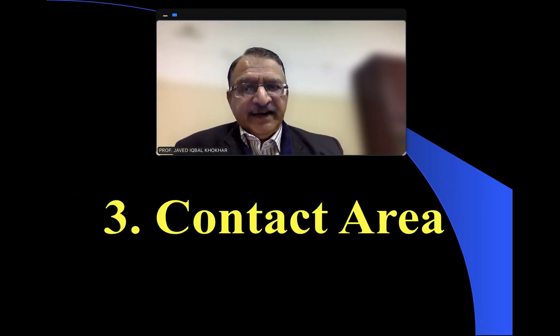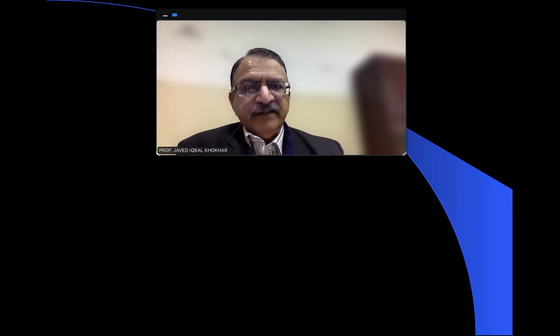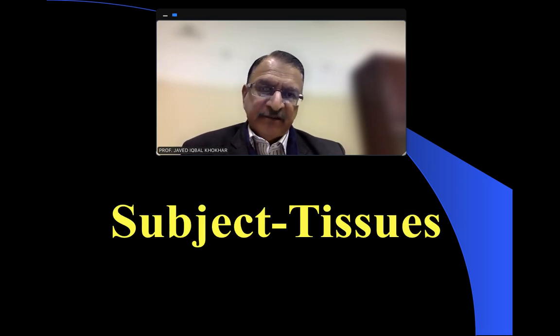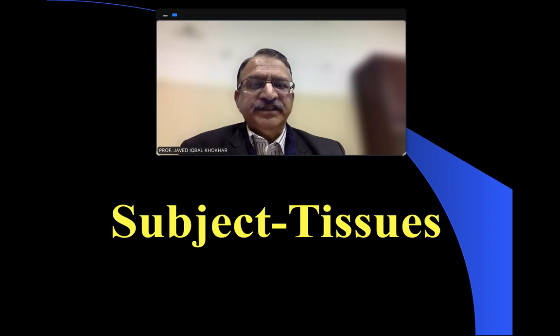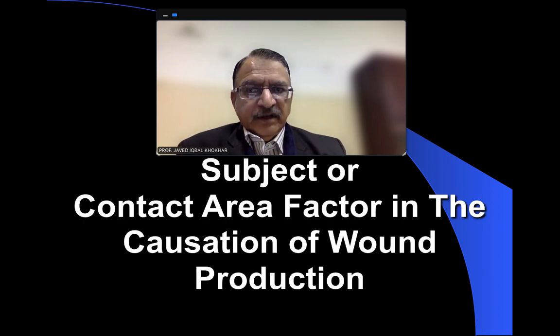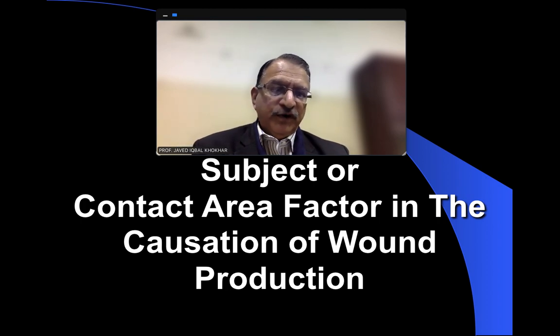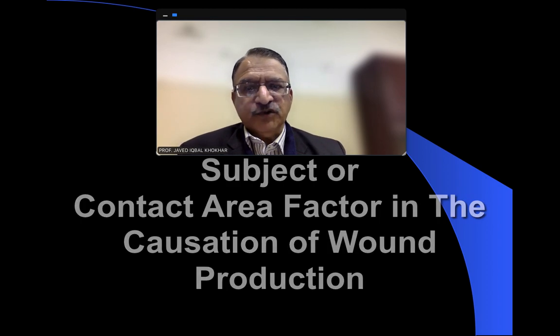Now the contact area, the area where the force is being applied, that means the tissue or the subject. How does the contact area play its role in the causation of a wound?